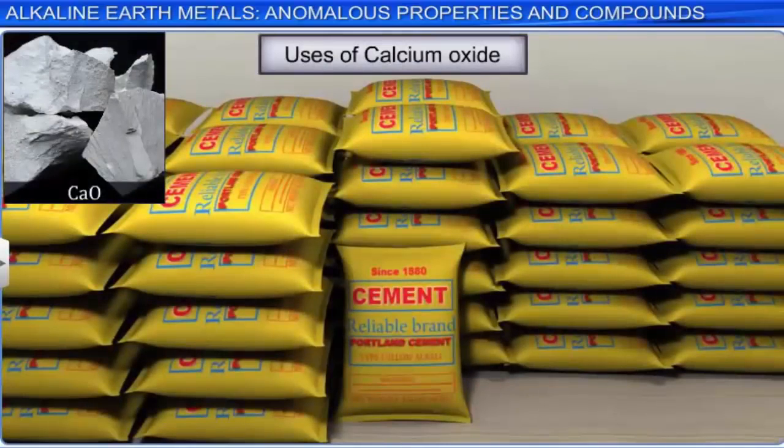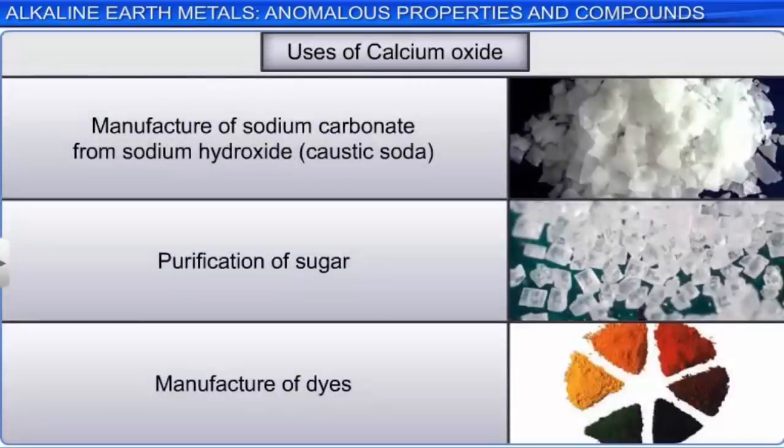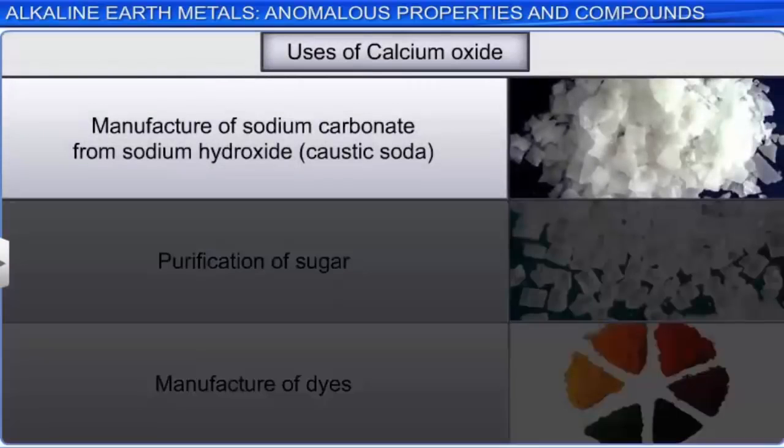It is necessary for the manufacture of cement and is the cheapest form of alkali. It is used to produce sodium carbonate from sodium hydroxide, also known as caustic soda. It is used in the purification of sugar and in the manufacture of various dyes.